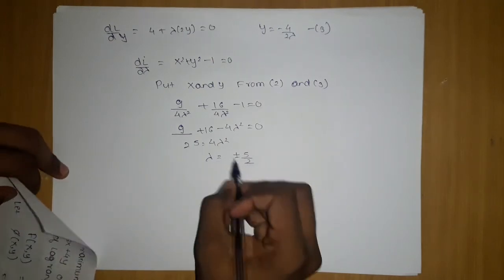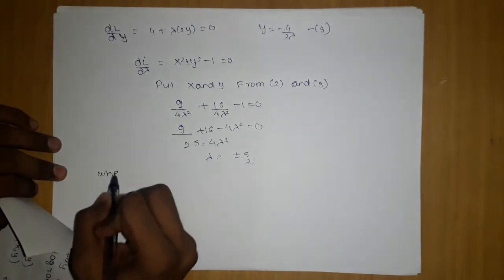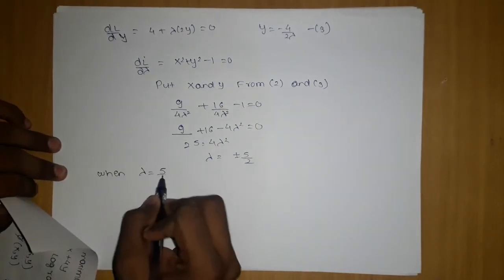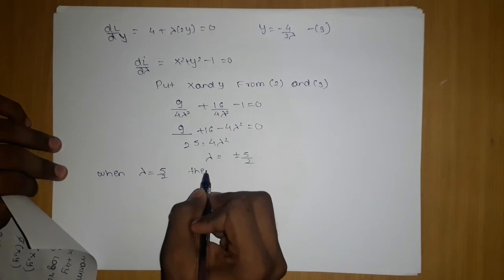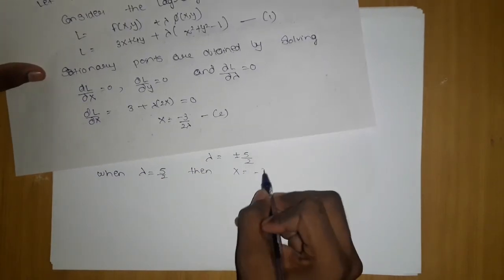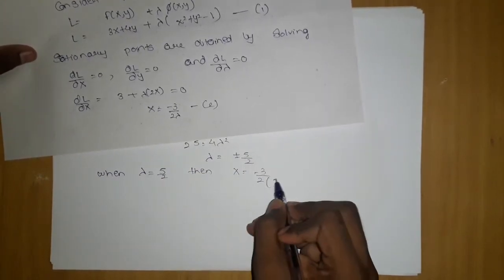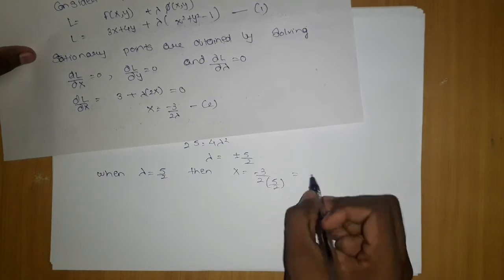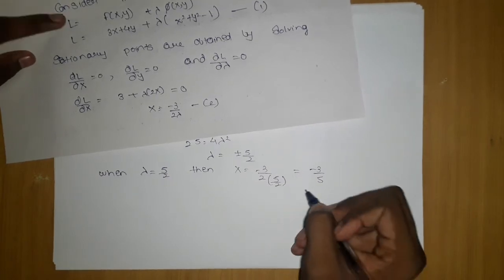When lambda equals 5 by 2, from equation 2, x equals minus 3 by 2 into lambda, which is minus 3 by 5.